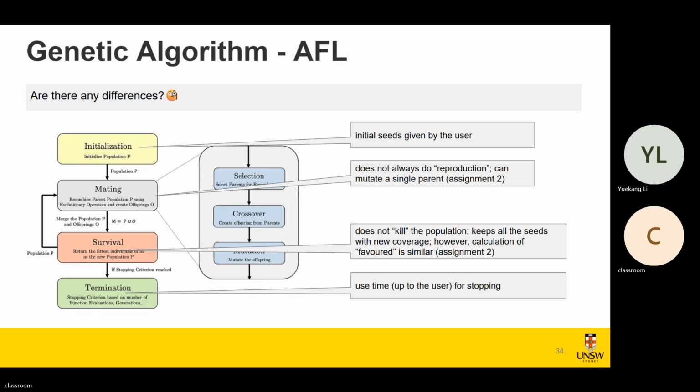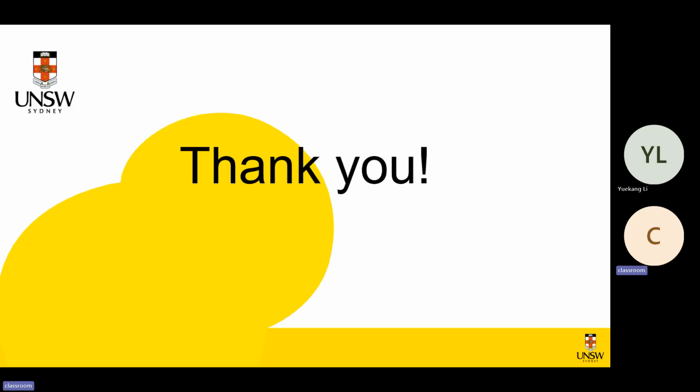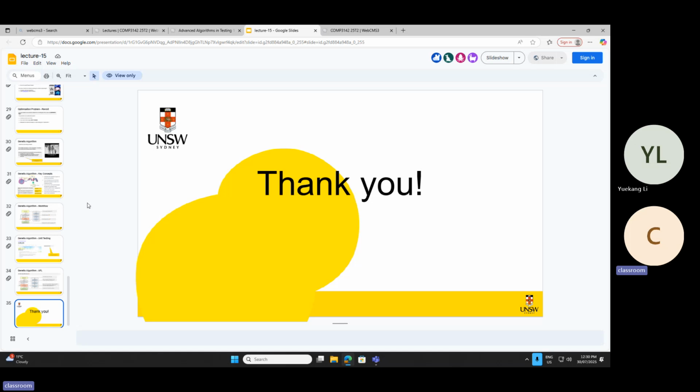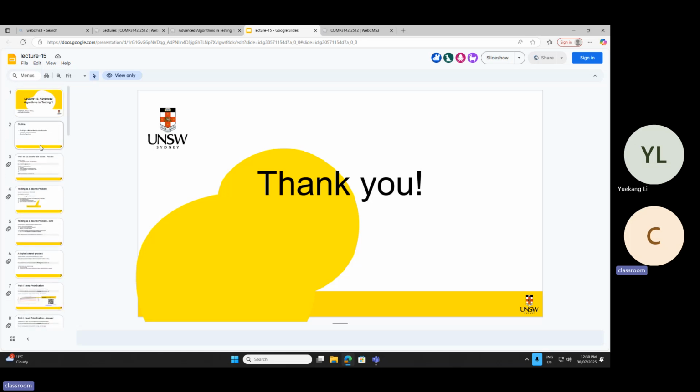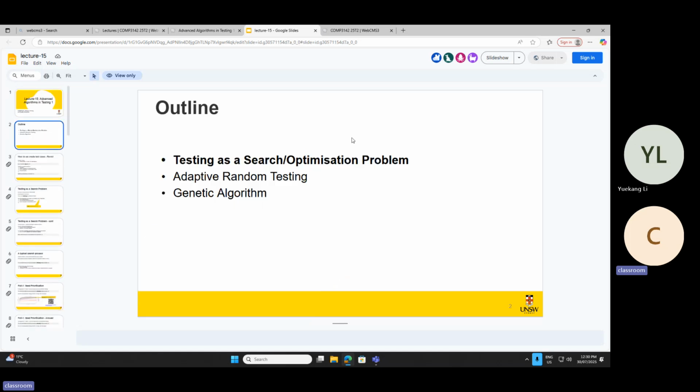Sorry. And that's all for today's lecture. Before we finally end, let's have a quick recap of what we have learned today. We covered three different topics. The first one is actually the basis of the other tools: we are trying to convert testing into a searching and optimization problem.